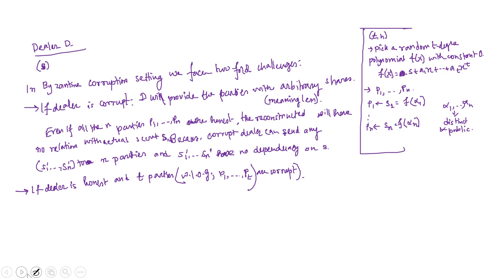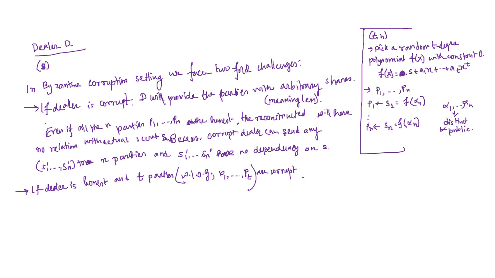So T parties are corrupt. Then what is the challenge?